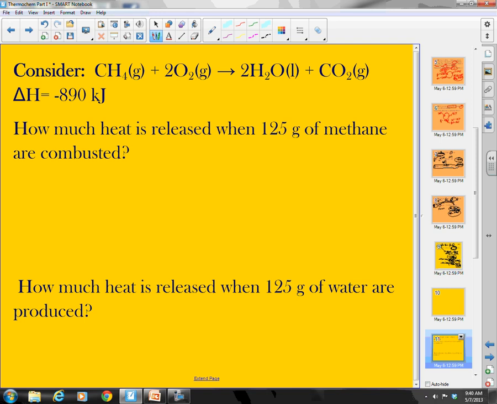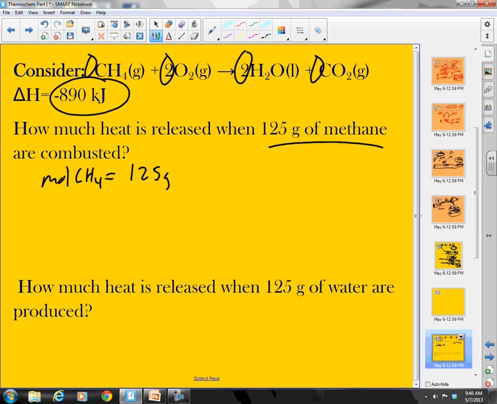All right. What do I know? Well, I have a negative 890 kilojoules per 1 mole of methane per 2 moles of oxygen per 2 moles of water per 1 mole of carbon dioxide. How much heat is released when 125 grams of methane is burned? So what do I want to do? I want to get the moles of my methane, which is equal to 125 grams of methane times 1 mole per 12.01 plus 4 times 1.008 grams.